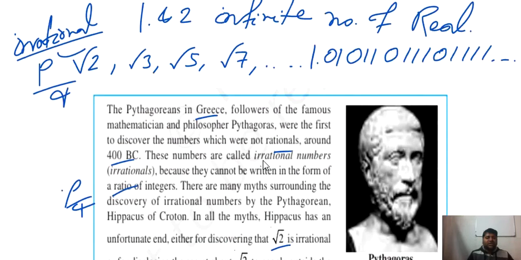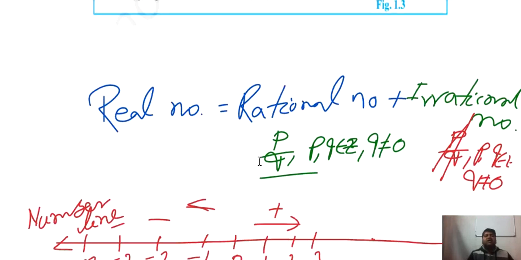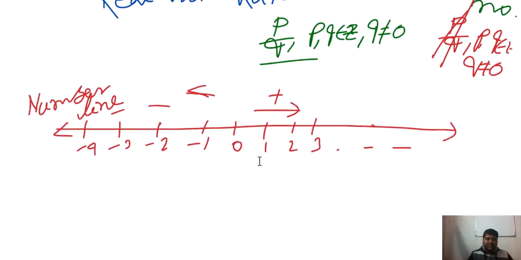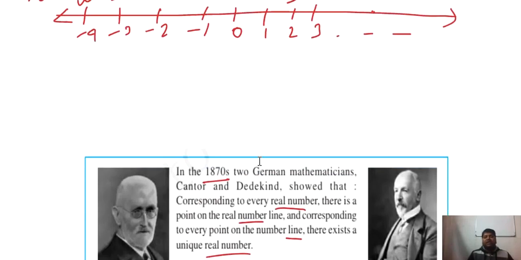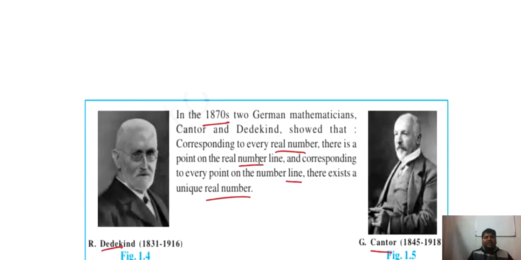One is the irrational number: the mathematician Pythagoras of Greece discovered the concept of irrational numbers, which completes the real numbers, that means rational and irrational numbers. Also we discussed the relationship between real numbers and the number line, that is the Cantor-Dedekind axiom.